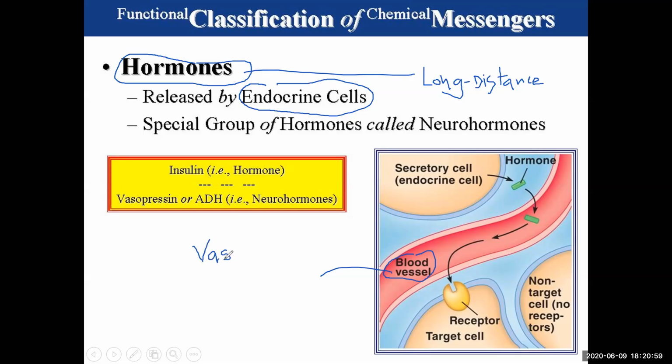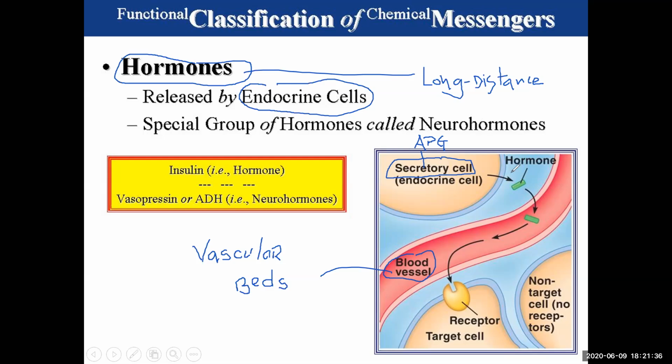When we say vascular bed, this is a term used a lot in the clinical setting, meaning the blood vessels. So for example here, the secretory cell can be from your anterior pituitary gland at the base of your brain, right? I hope you remember where the anterior pituitary gland is.